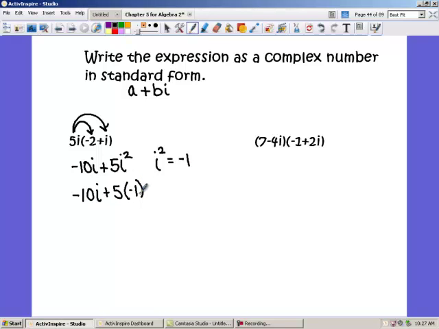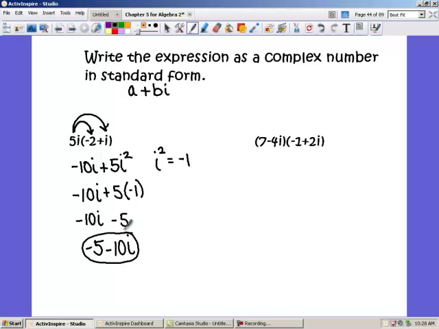And now we just have to multiply. 5 times -1 is -5. So right now we have our a and our bi. It's just flip-flopped around. So we're going to put the -5 first and the -10i second. Now we have the form a plus bi. And there's our simplified answer, and it is in standard form.